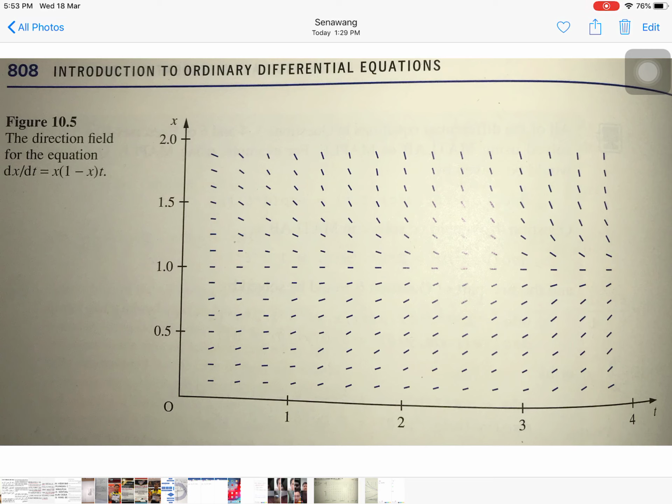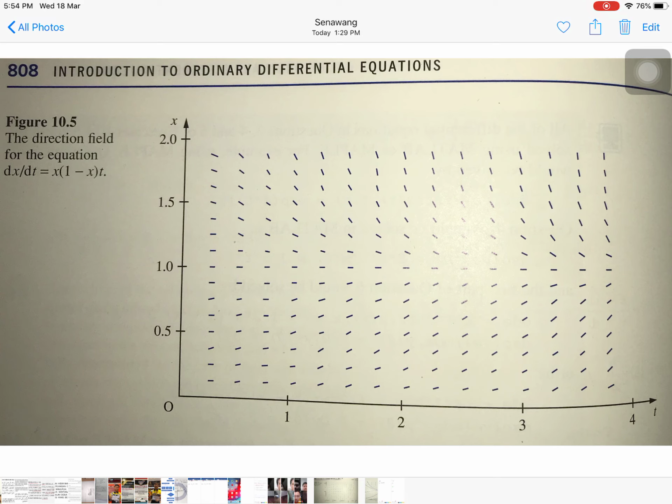If you look here, the gradient for each point is different, and you can see that it creates a flow. It's like a flow, and it has direction. From here we can create multiple lines which are tangential to these gradients. We call this diagram a direction field.